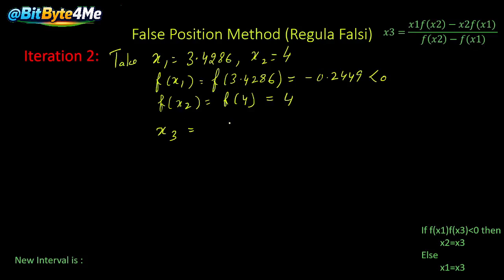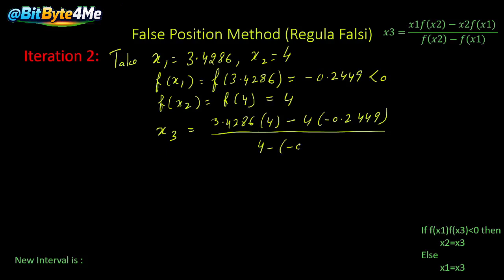Substituting values, 3.4286 multiplied by 4 minus 4 into minus 0.2449, divided by 4 minus minus 0.2449, and if you solve this you will get the value of 3.4616. So this is the value of x3.